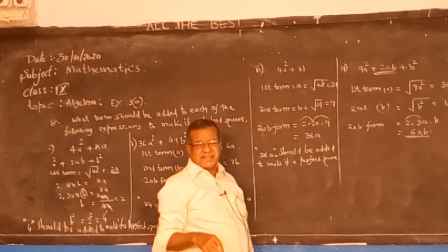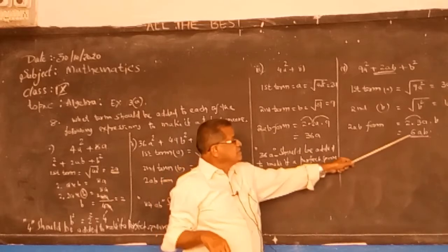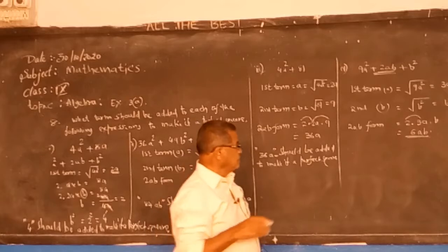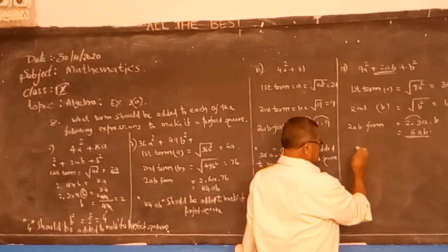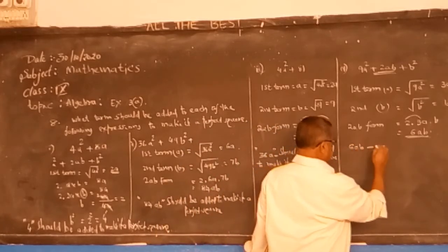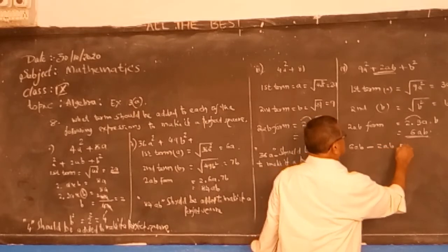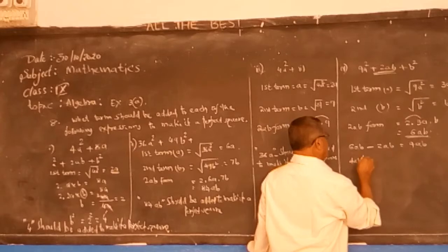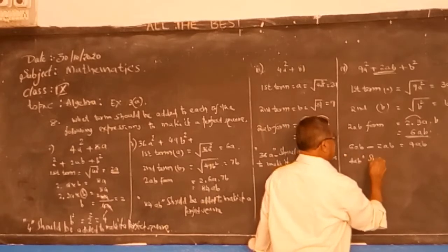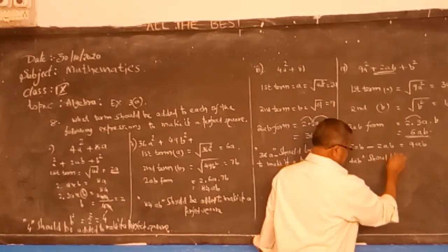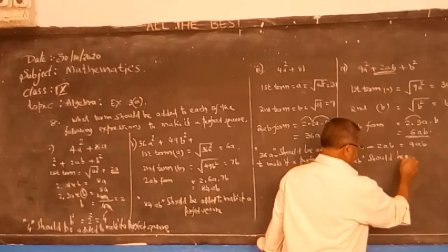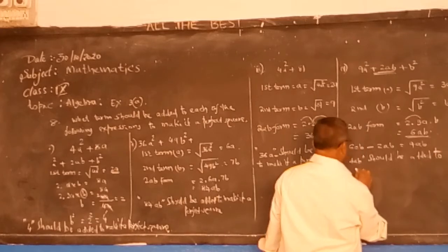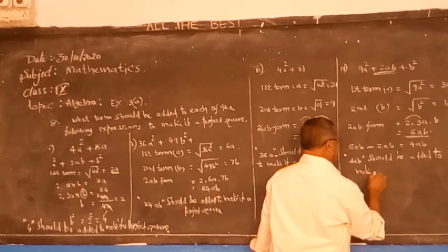So how much should be added? 6ab minus 2ab, 4ab should be added. 6ab minus 2ab is equal to 4ab should be added. It should be added to make it a perfect square.